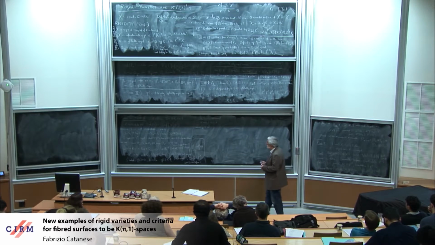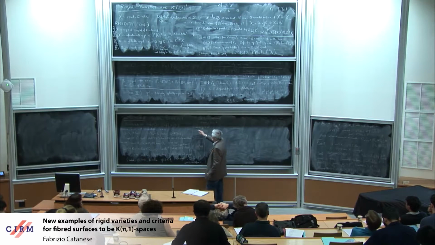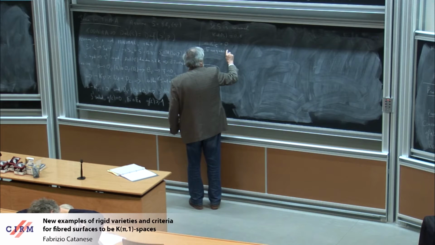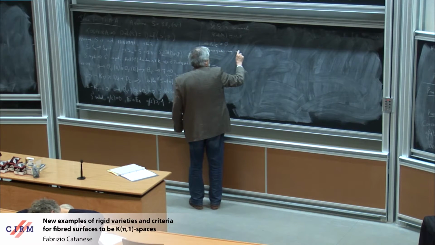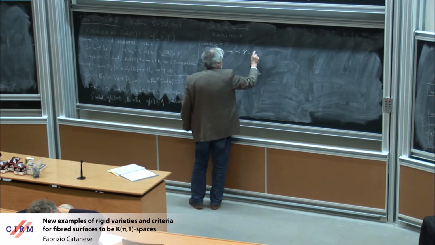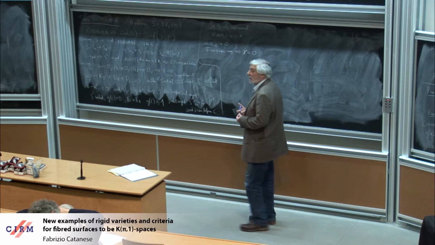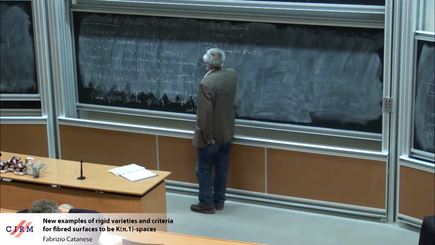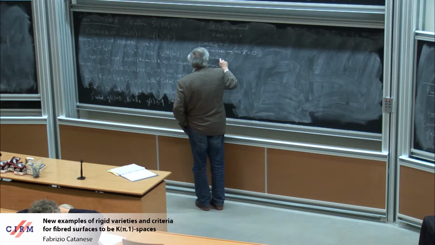So the conclusion by the Enriquez inequality implies that chi is 0, and this excludes Enriques and K3s.